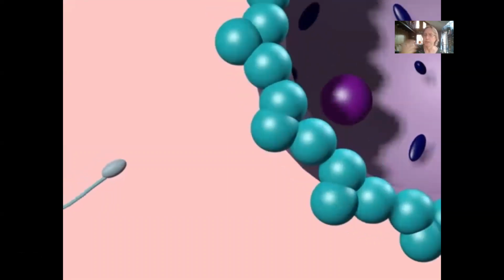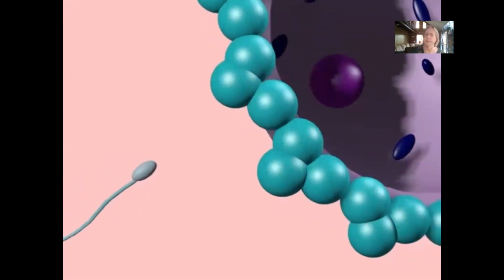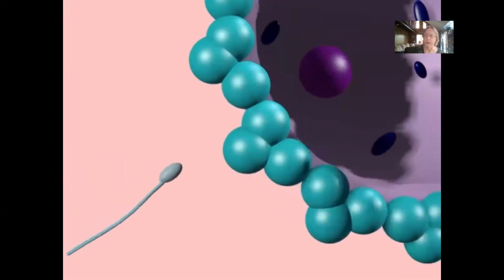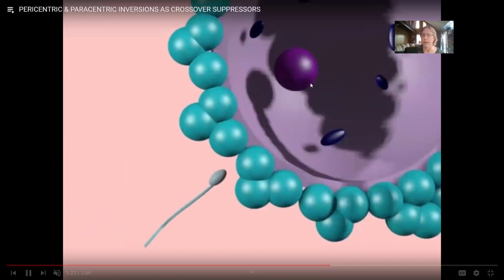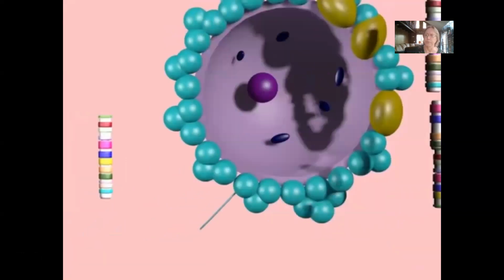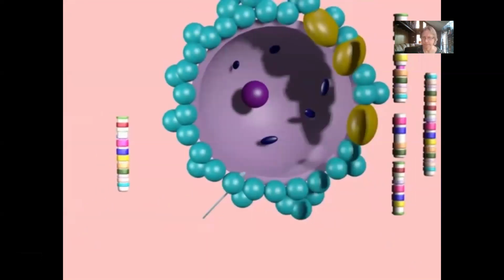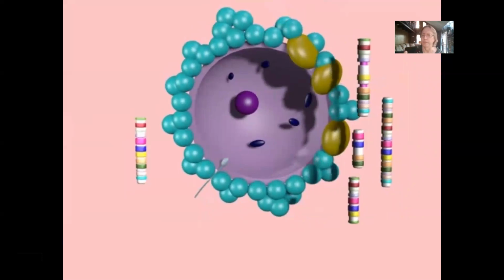So someone who says, we've been trying to reproduce and we've had repeated miscarriages, it can be because of inversions, because now the embryo would have these abnormal chromosomes with too many genes, too few genes, etc. And it would vary a little whether it was a pericentric inversion, which involved the centromere, or a paracentric inversion, which did not.